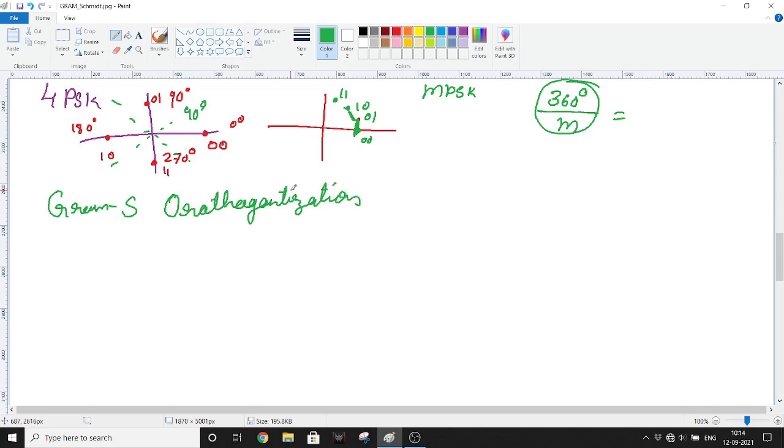We have already understood that as the space between two symbols increases, it gives us a better margin of error. So, for just a small comparison, if I was going ahead with 8PSK, I would have had only 45-degree differences, which would have made it a greater difficulty to decode the symbols in comparison to 4PSK.